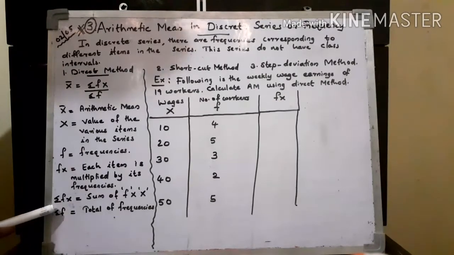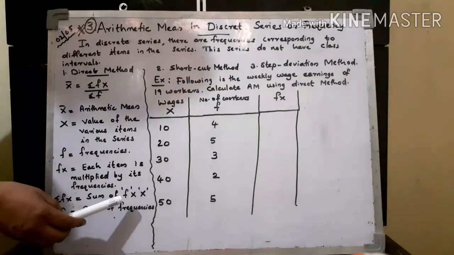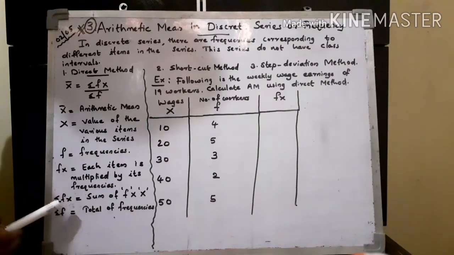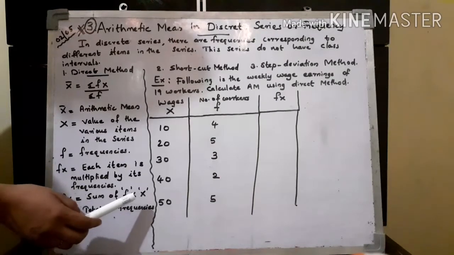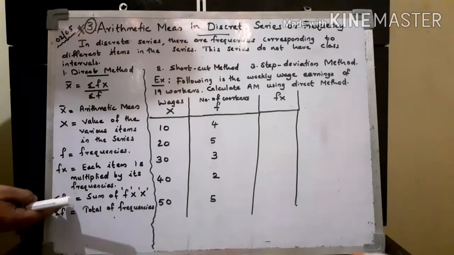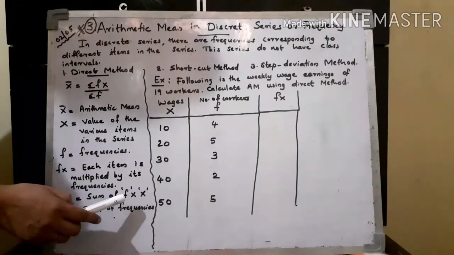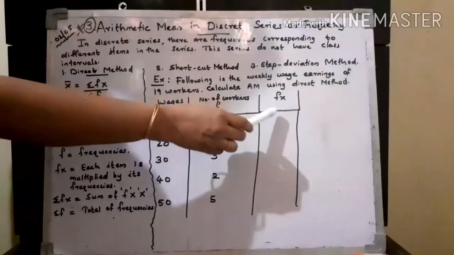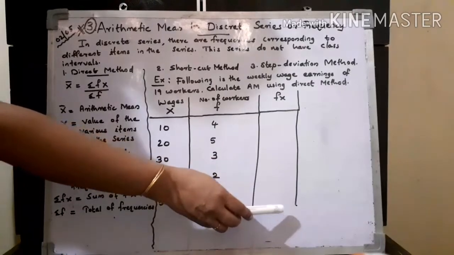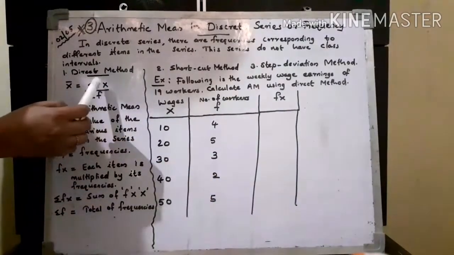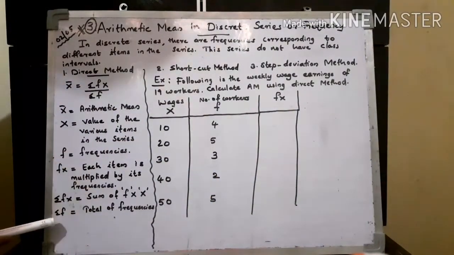Then next one is sigma f. Sigma f is equal to sum of f. Sigma fx is equal to sum of f into x. Fx, each variable's fx you find out, that sum we call sigma fx. Then lastly sigma f.